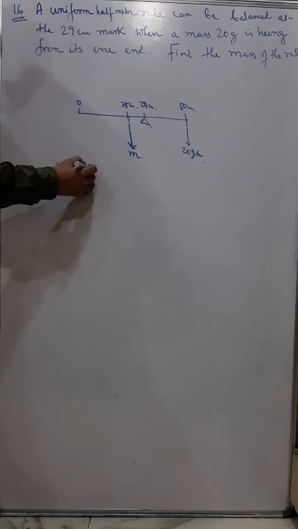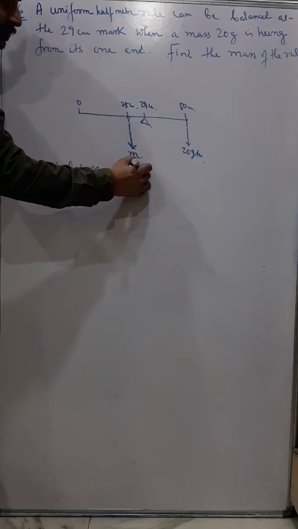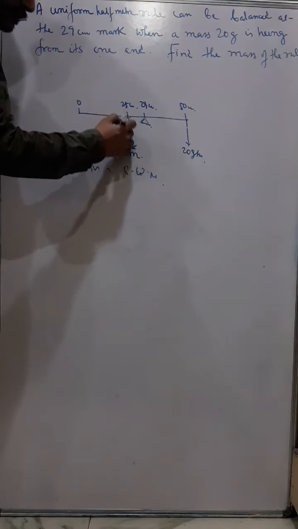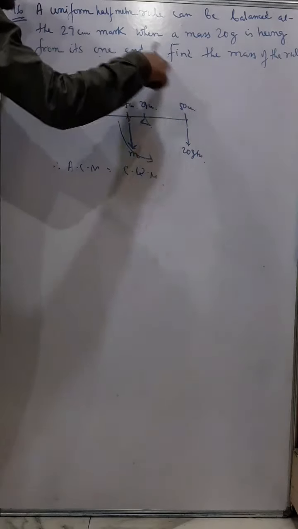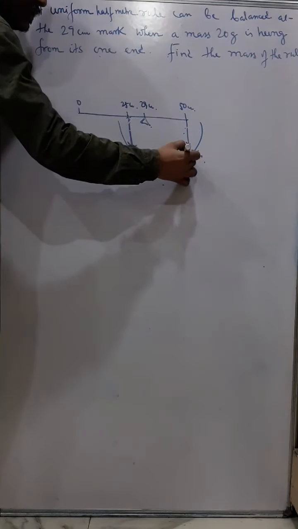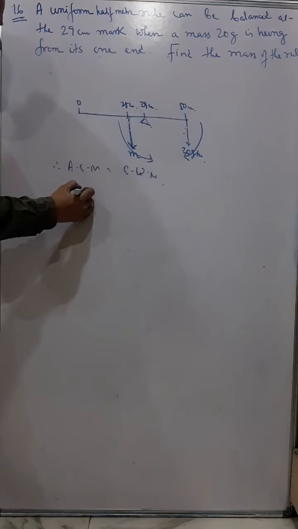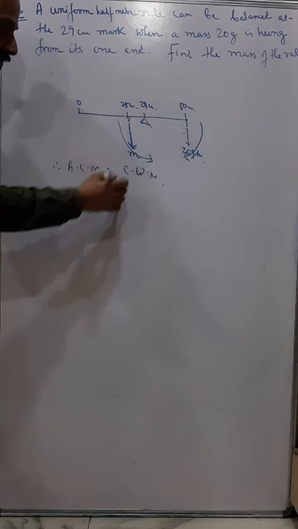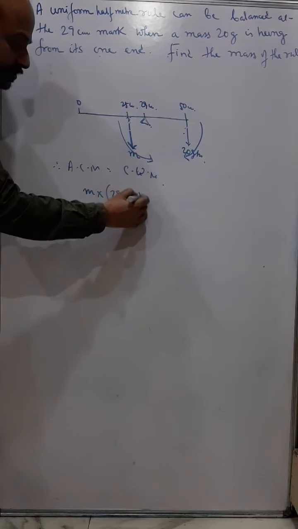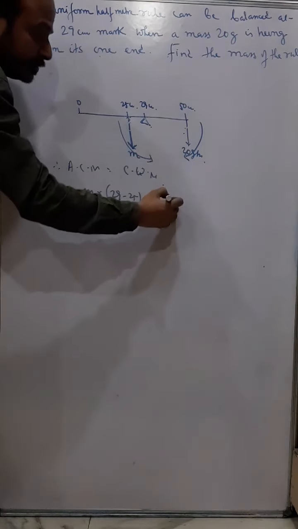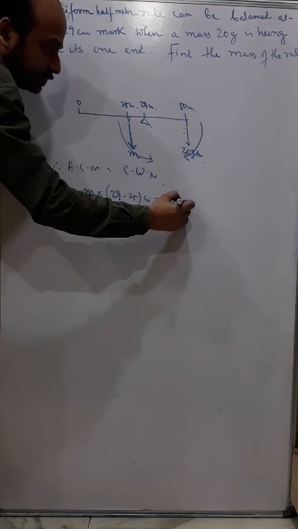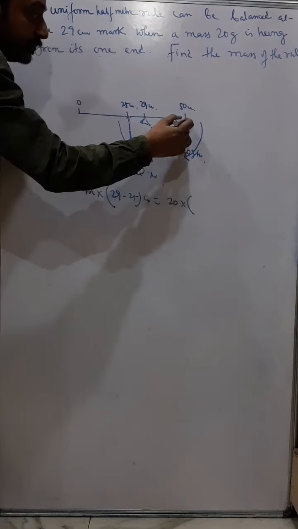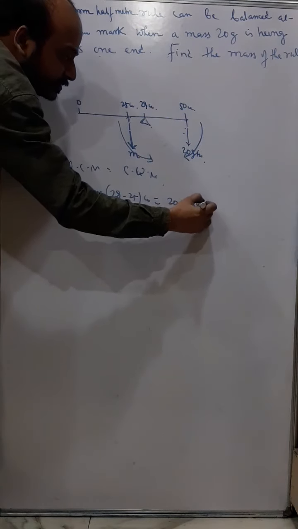Again, anti-clockwise moment is equal to clockwise moment. So for m, the moment is in this way, that's anti-clockwise, and for this it is this way, it is clockwise. So I can write m into 29 minus 25, and this will be 20 gram into 50 minus 29.